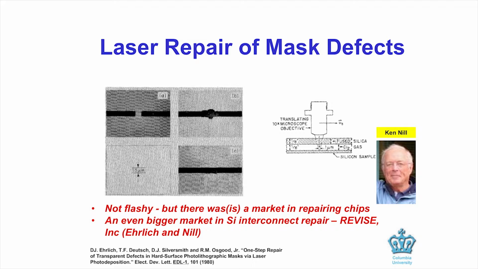Subsequently, Dan and Ken Nill, who's this gentleman right here, began to look at silicon interconnect repair, and they started a company called Revise. And Revise made a lot of dough for MIT, made a lot of dough for Lincoln Labs, and it made a little bit of money for me and for Ehrlich and for Tom Deutsch.